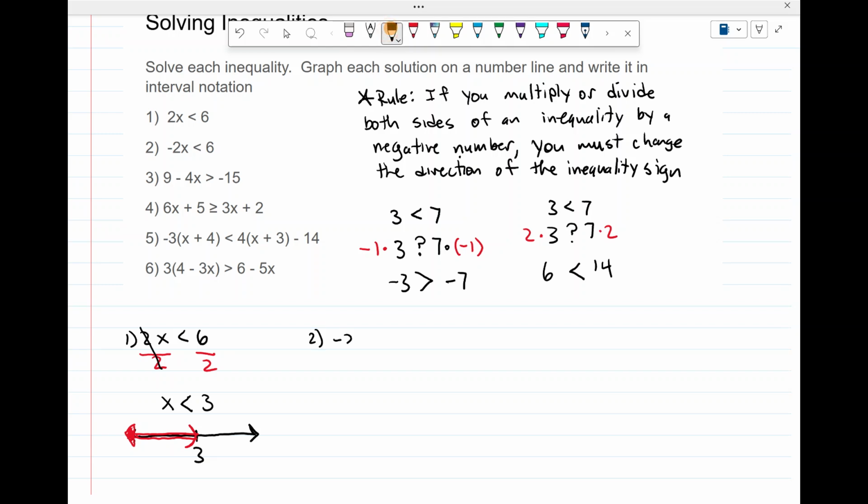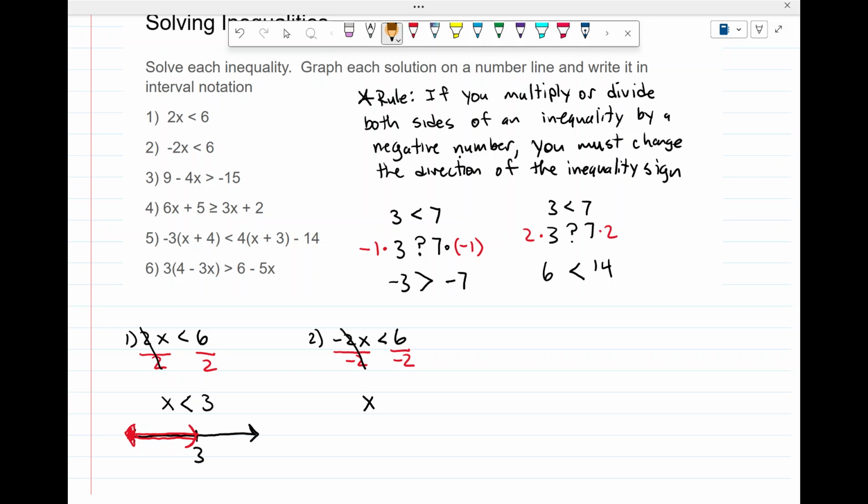Here is slightly different. Now we have negative 2x is less than 6. All right. So just like before, we want to get rid of that negative 2. We're going to divide both sides by negative 2. These cancel out, and x will be, in this case, notice that we are dividing by a negative number.